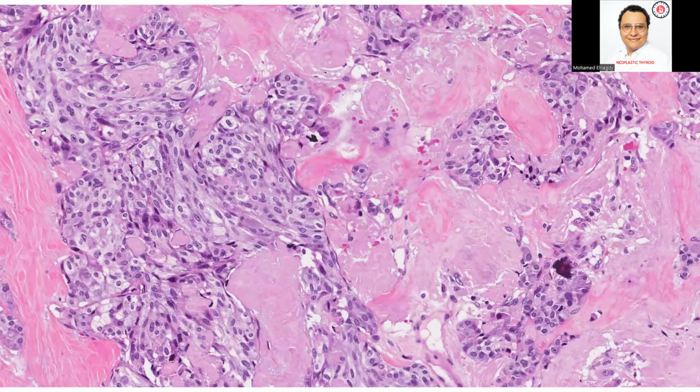Are you talking about the sclerosing type? Yeah, but it doesn't have any other features. The cells look kind of spindly, I would say. Some nuclei look cigar shaped.